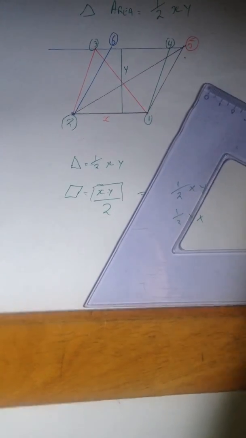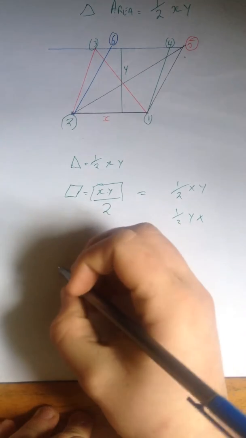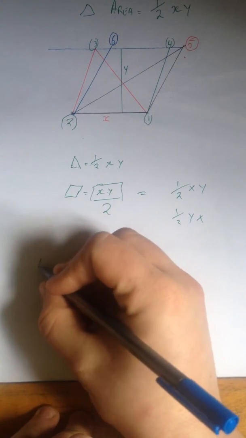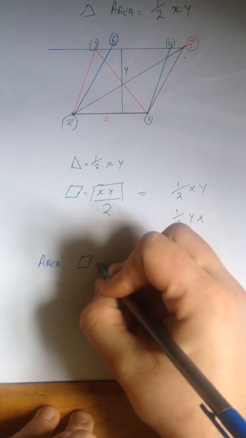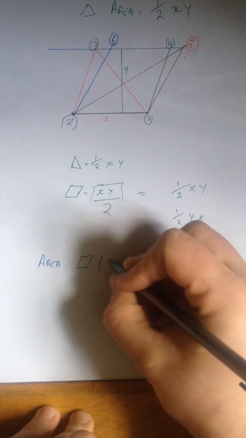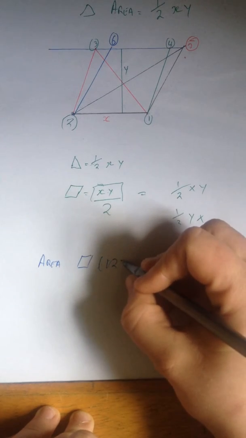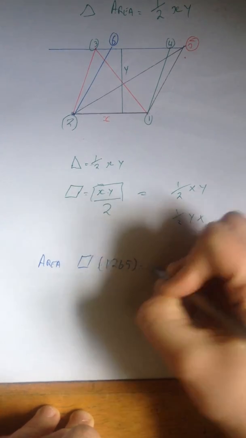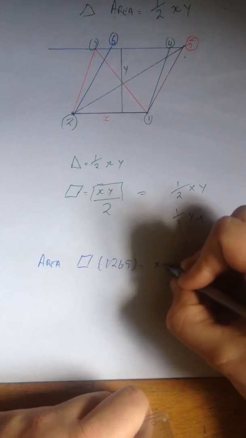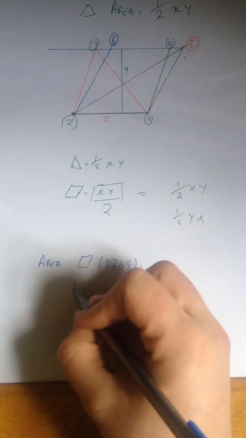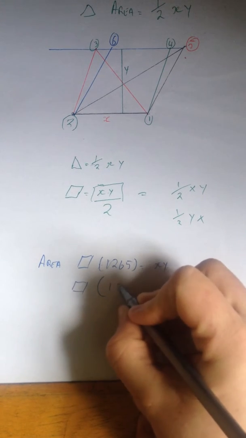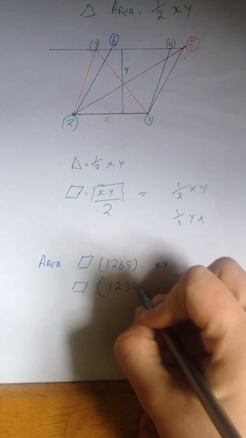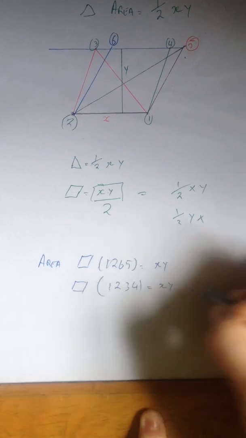So I'll just write it out so it's easier to understand. The area of parallelogram 1, 2, 6, 5 is equal to x by y. The same area for the parallelogram 1, 2, 3, 4 is equal to xy.